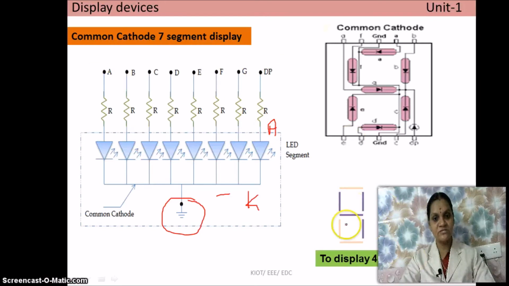If you want to display the numeral 4, the corresponding segments need to be connected to plus VCC because anode is positive. So what are all the segments we need to turn on?